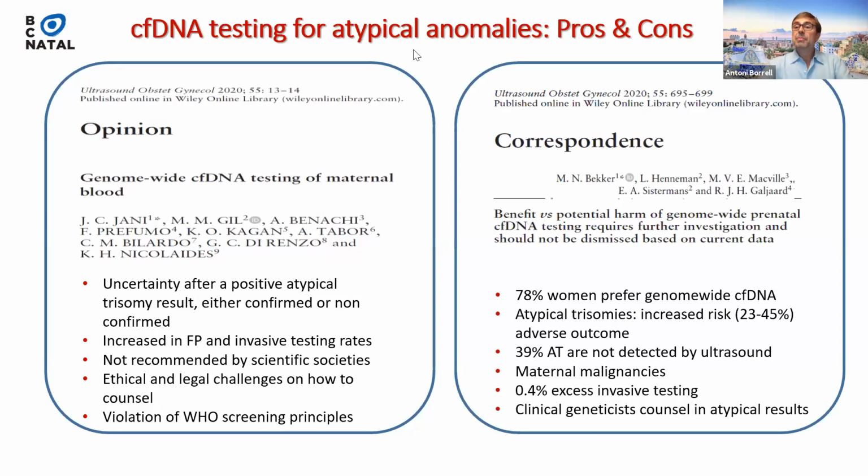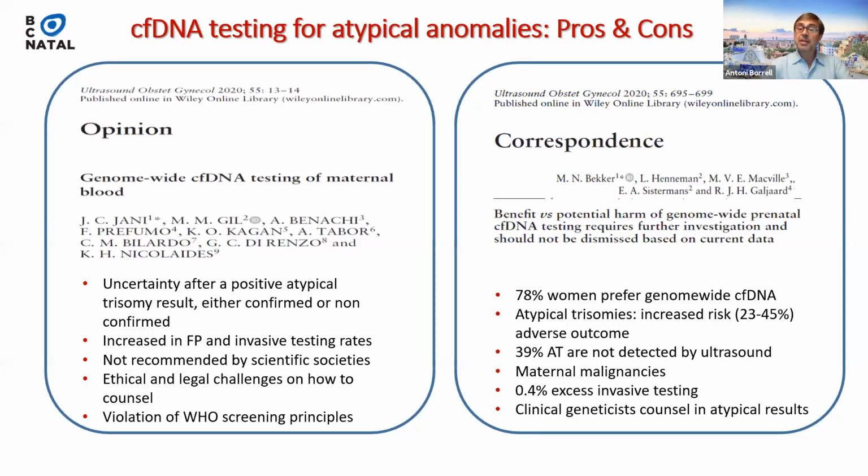This letter or opinion was replied to by this group of scientists in Holland, and they argued that when they offer genome-wide cell-free DNA, meaning also the atypical anomalies, to pregnant women, 78% of women prefer to do the genome-wide cell-free DNA rather than only the typical trisomies. Then, that atypical trisomies carry an increased risk of adverse outcome between 20 and 50%.